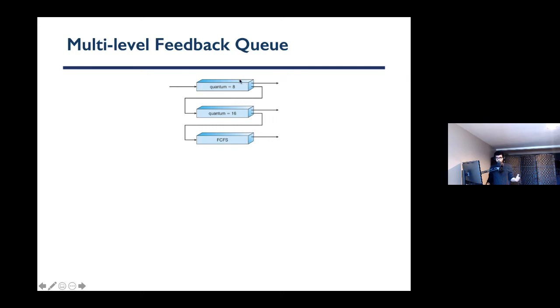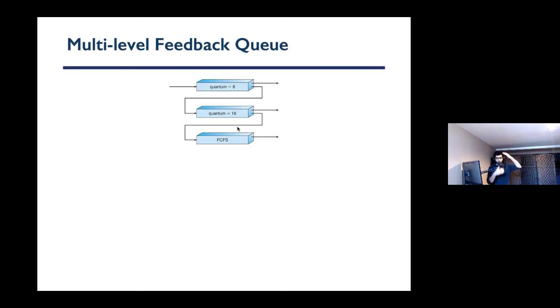If they're not actually interactive and have longer CPU bursts, once they're done with this time quantum, we'll put them back to the second queue. And when they're done with this one, they come to the third queue and wait here until it's done. So as you can see, the idea here is to get something between shortest task first and FCFS.